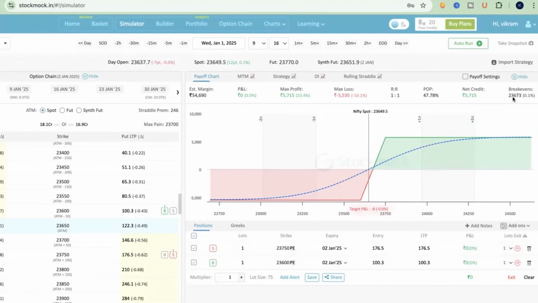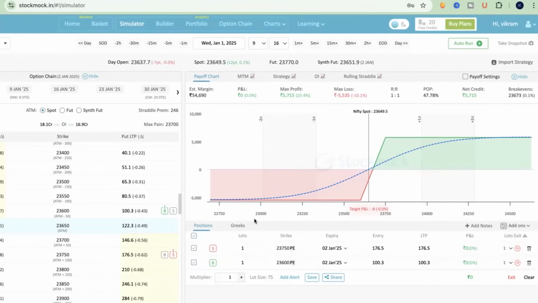Now we have 1:1 risk reward. Now we have break even at 23,673. Currently spot is trading at 23,649. That means if it goes up by another 25 points, then we come to the break even. After that, if Nifty starts going up, then we will achieve this maximum profit potential. I am talking about one lot, okay?